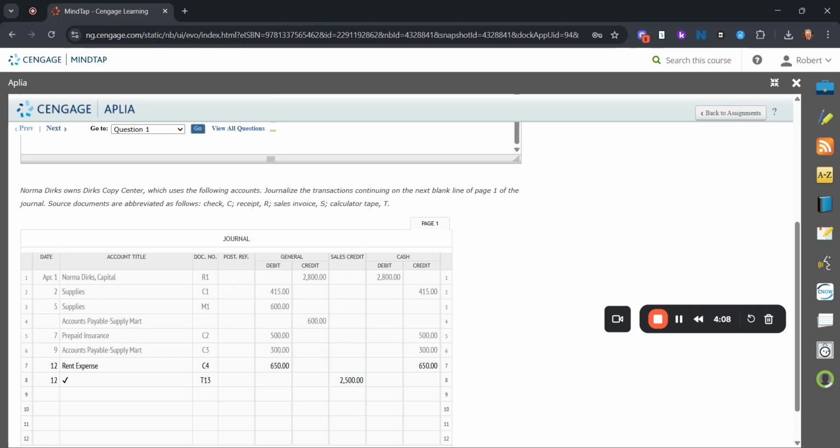And it was cash that was received. So an increase in cash, so an increase in an asset, goes on the debit side, $2,500. So we still have that balance of a credit and a debit entry.